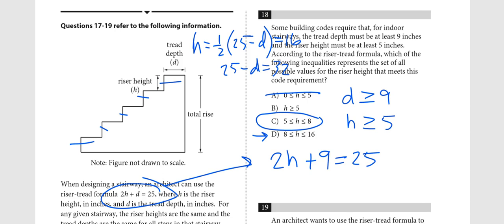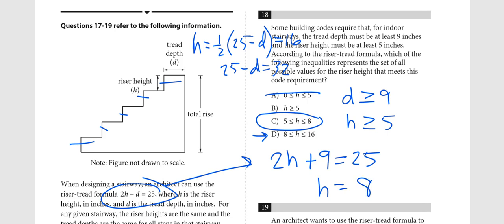Now this is assuming the smallest tread depth, which would be the most number of steps. Well, that would depend more on the riser height. Okay. So what does h have to be? That would force it to be 8.